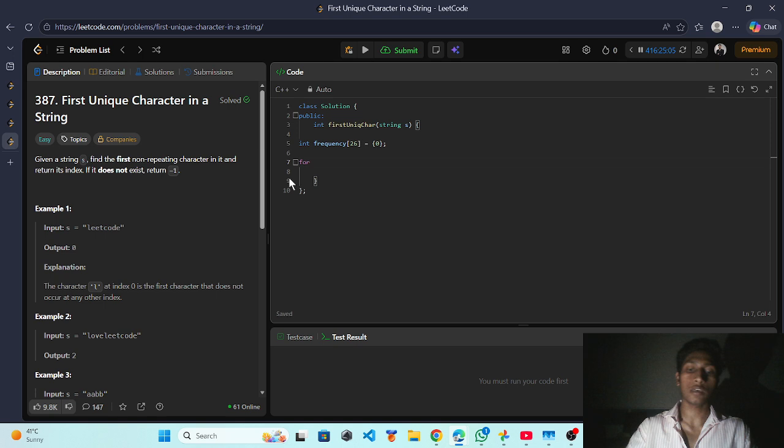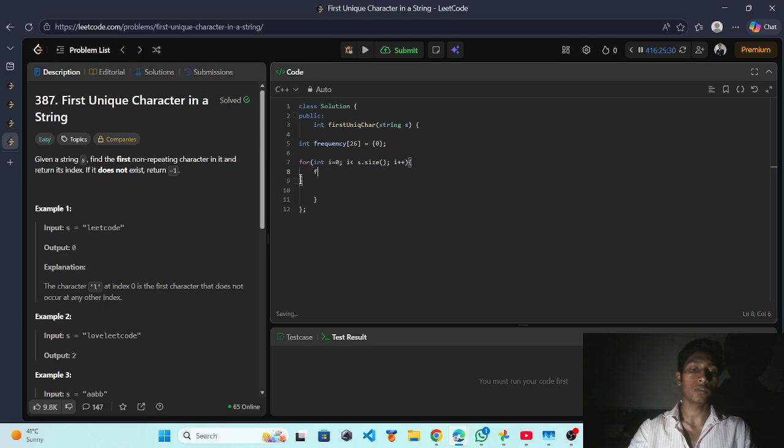Then we will run a for loop, int i equal to 0, and i less than s.size(), i plus plus.